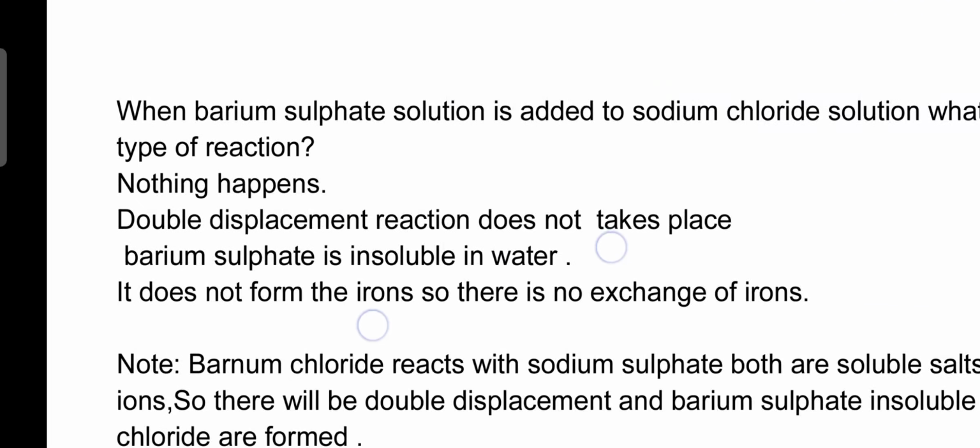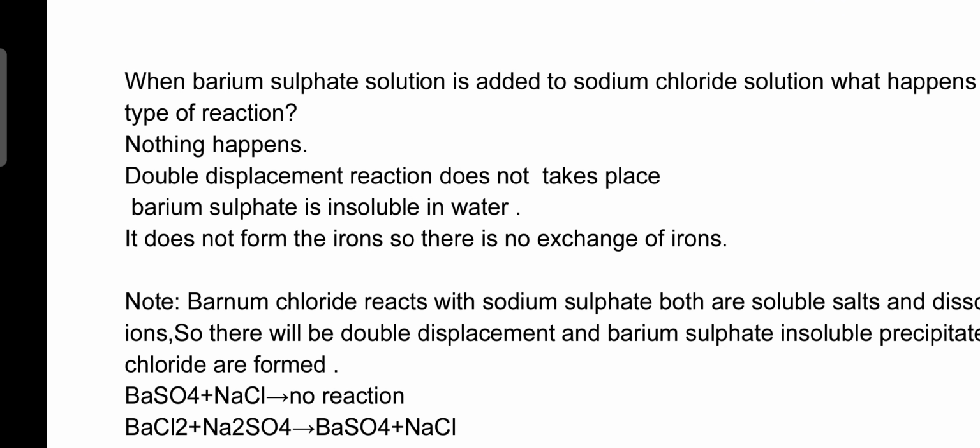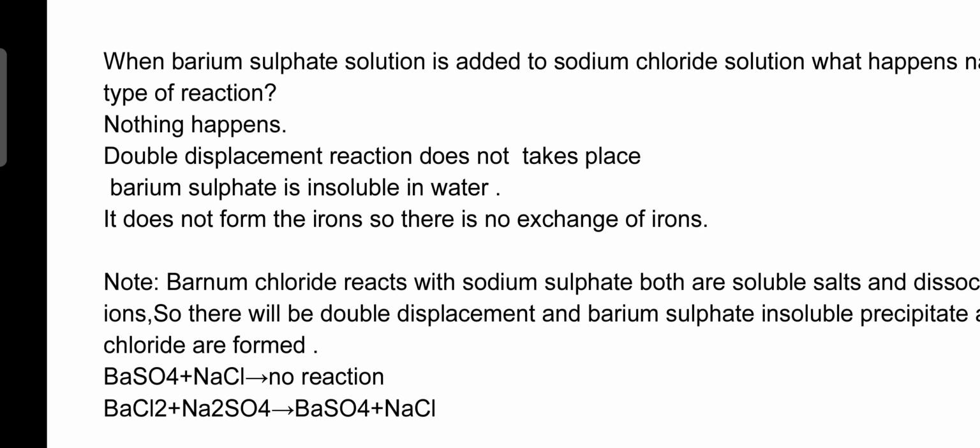Now let us move to the next tricky question, that is barium sulfate solution when added to sodium chloride, what happens? Generally when we see two salts, we will conclude that it is a double displacement reaction.